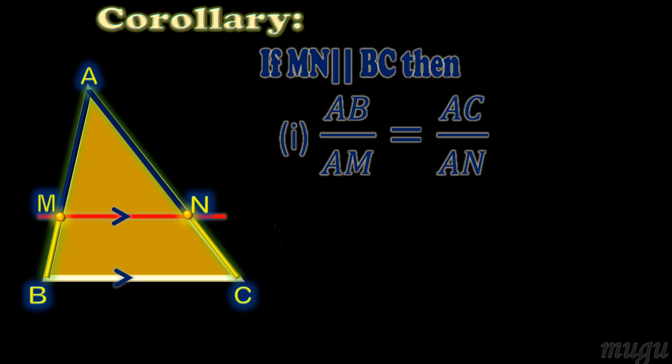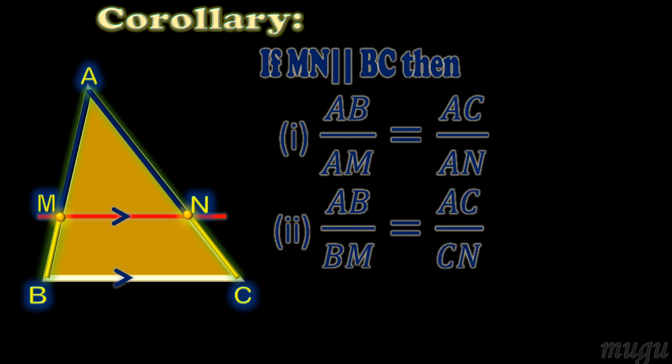The second one is AB by BM, the full segment with the second part, equals AC by CN. So these are the two corollaries. If the line drawn is parallel to one side, then we have three sets of ratios which are equal, and those are the three results from Thales theorem, which is an important theorem. I hope you understood well and do well in this theorem. Thank you.